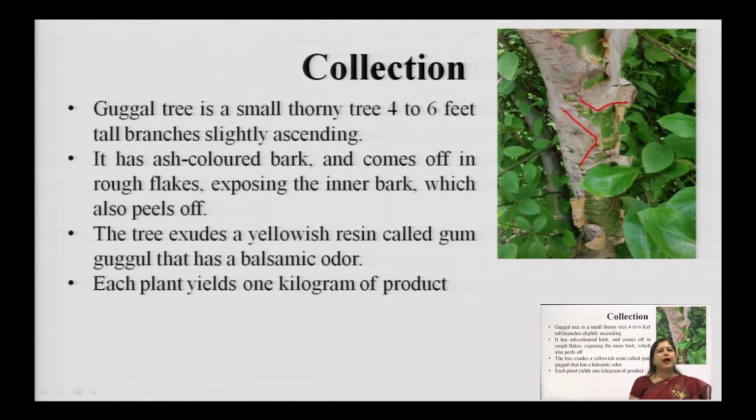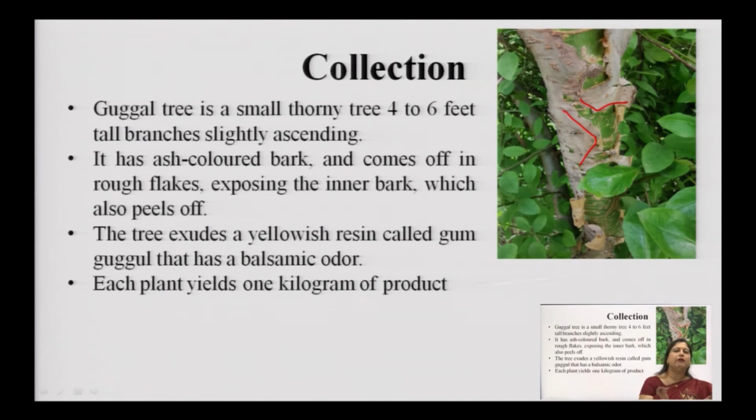It has ash colored bark and comes off as rough flakes, like you must have seen with an onion, how the skin gets removed; in the same way the skin is removed from this particular tree also. And it exposes the inner bark. Inner bark is green in color, which again peels off, like a yearly removal of the bark.